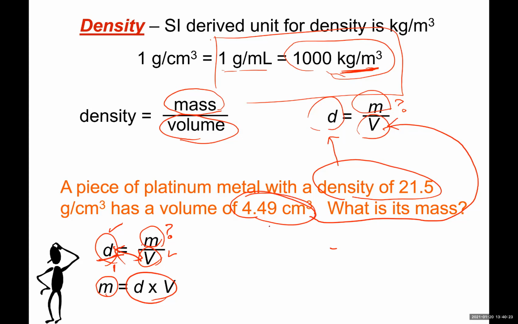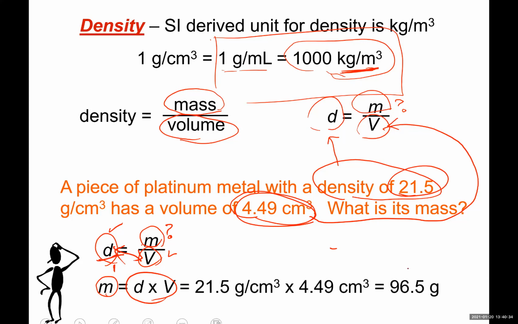Do we have the volume? Do we have the density? So all I have to do now is to replace these two values. Density, 21.5 gram per cubic centimeter. Volume, 449 cubic centimeter.